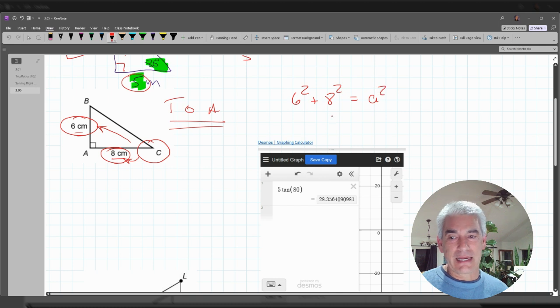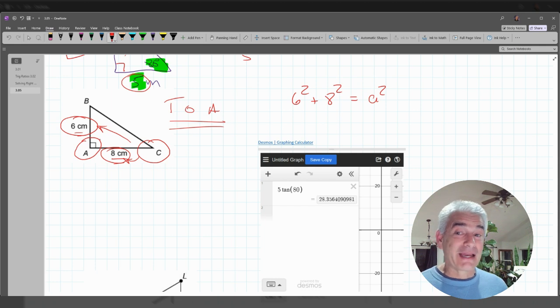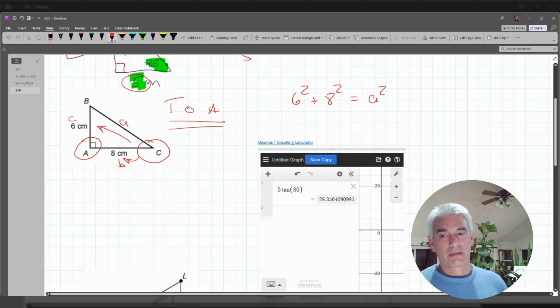Why did I call it a little a? Because this angle over here is angle A, capital A. So using the proper labeling of a triangle, I should call this lowercase a. And this side down here, it's 8 centimeters, would be lowercase b, and this would be lowercase c, although it looks a lot like my uppercase C.